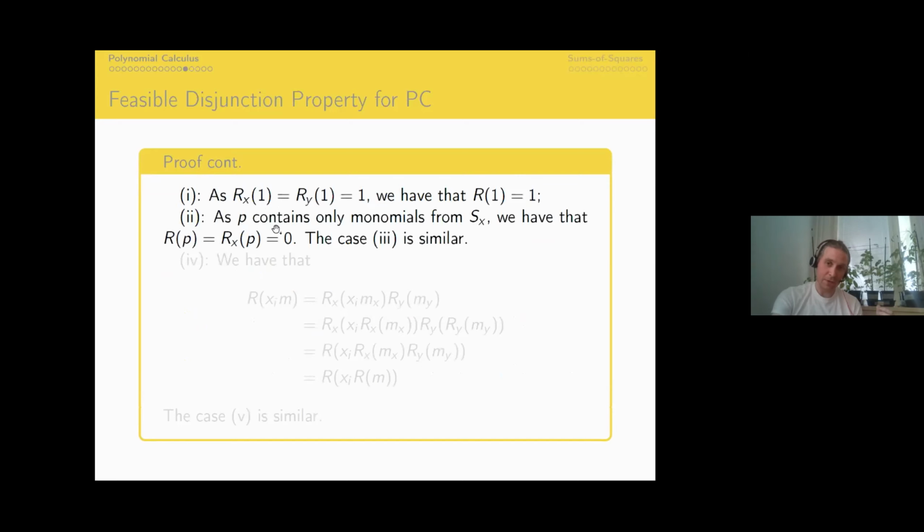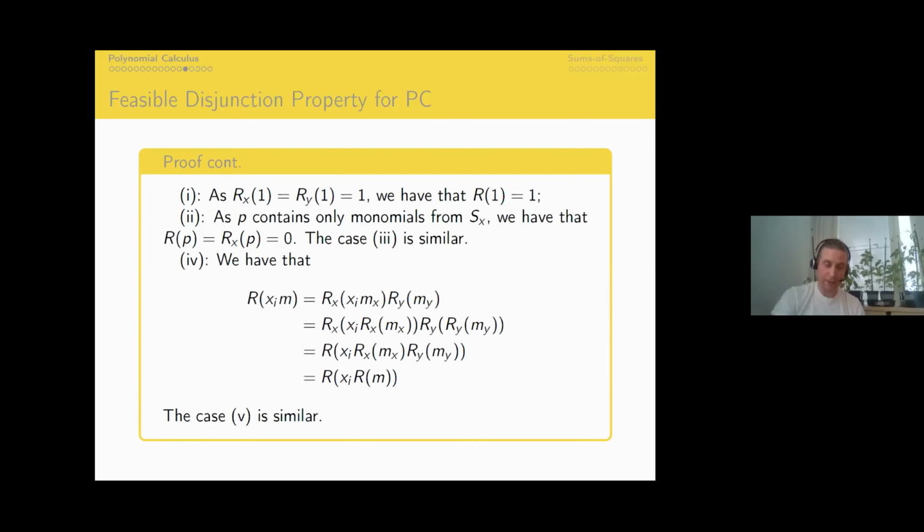If you have an axiom that only contains variables from X, then mapping it with R is the same value as mapping it with R of X. But by assumption, R of X is a reduction operator for this Px over Sx, so it must map any axiom in this Px side to 0. And similarly for the Q axioms.